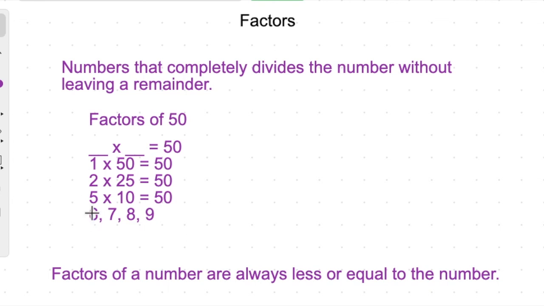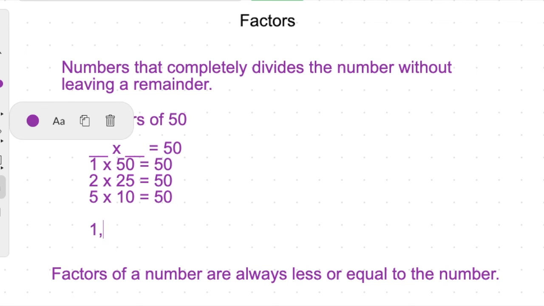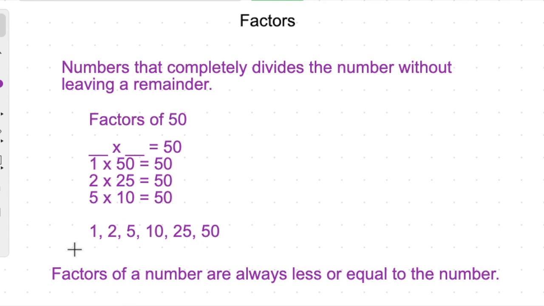So it means I'll have to erase this part, and the factors of 50 are all that I have written till now, which is 1, 2, 5, 10, 25, 50. These are all the factors of this number 50.